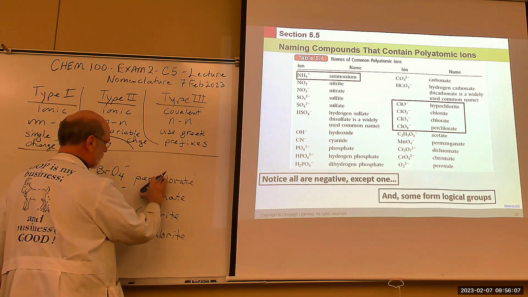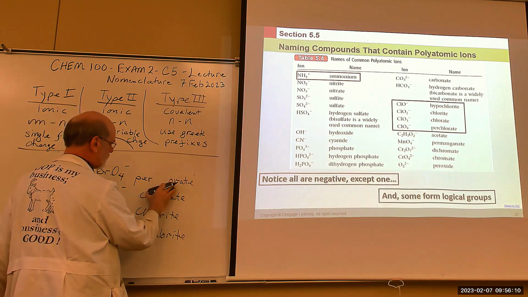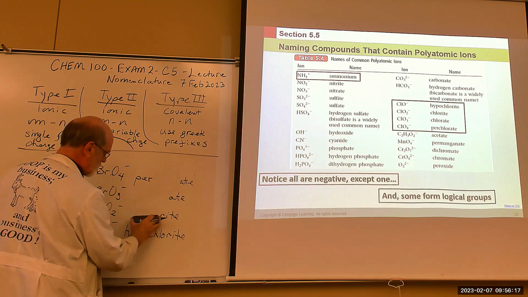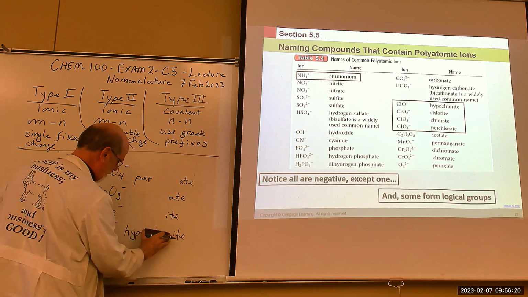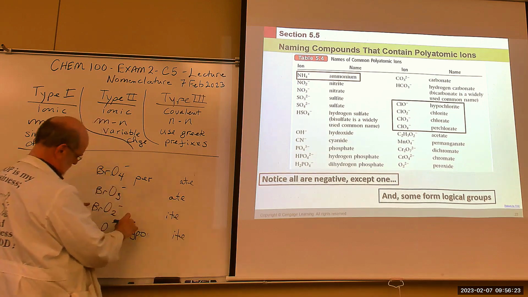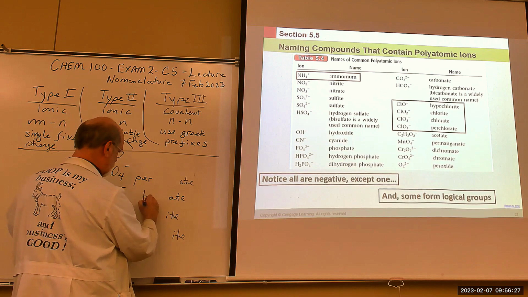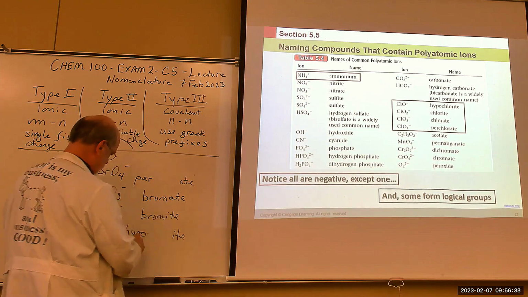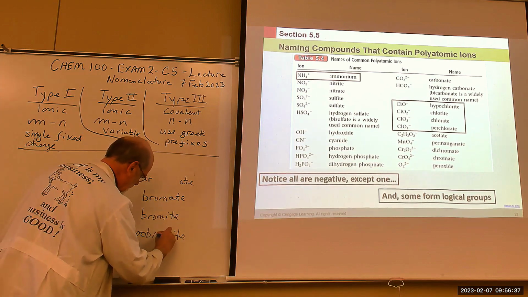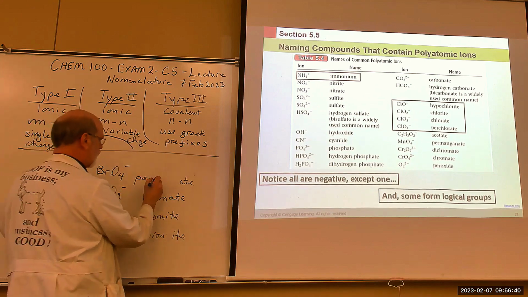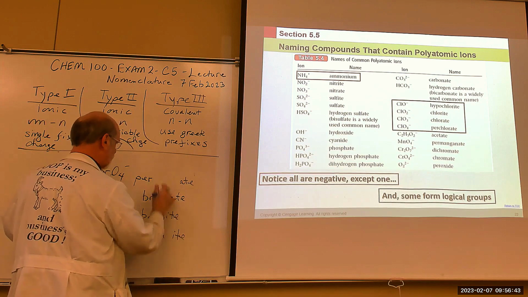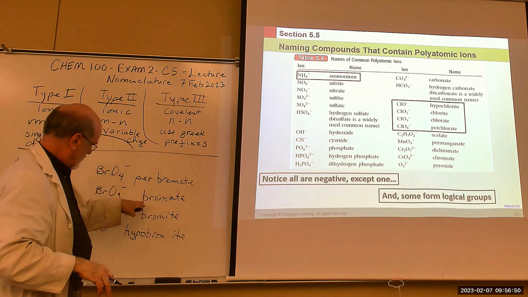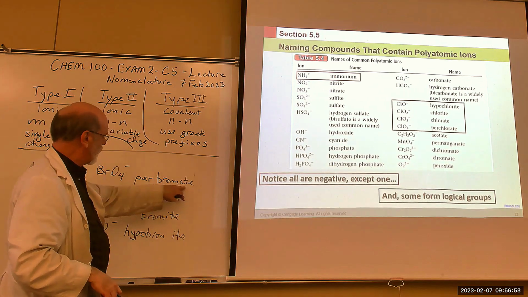So this one would be bromate, this one would be bromite, this would be hypobromite, and this would be perbromate.